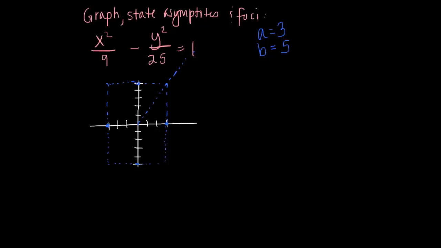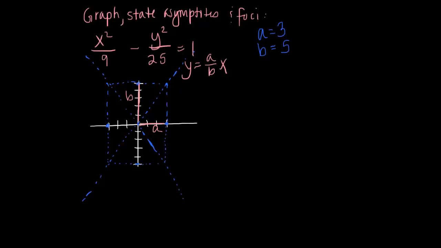Can you see now why the equations of the asymptotes are b over a x and negative b over a x? If not, that's okay, we'll look at it. Let's see. We can see that this distance here was a, and this distance here was b. So the equation of each of those blue oblique lines is y equals a over b x.